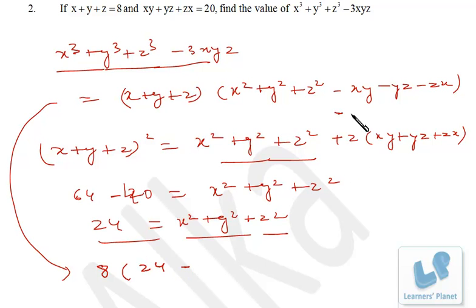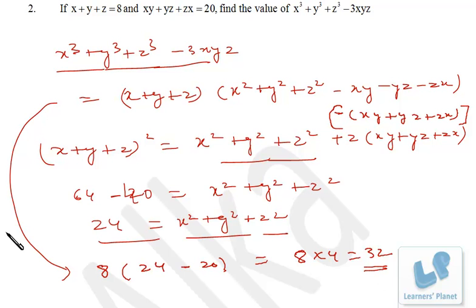Minus, if I take minus common, it will be xy plus yz plus zx, right? So do not get confused. I'm just rewriting it over here for your convenience. Now xy plus yz plus zx is 20, so it's minus 20. So that's 8 into 4, 32, right? So the problem becomes very simple if you are able to recall this identity. So we have used two identities precisely over here. One is this, another is this, right?